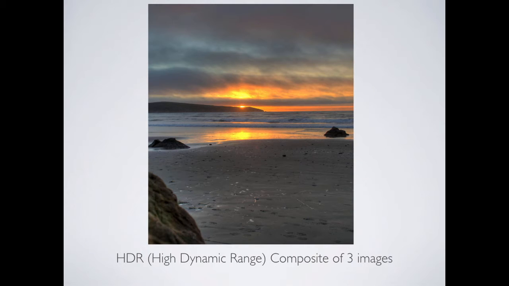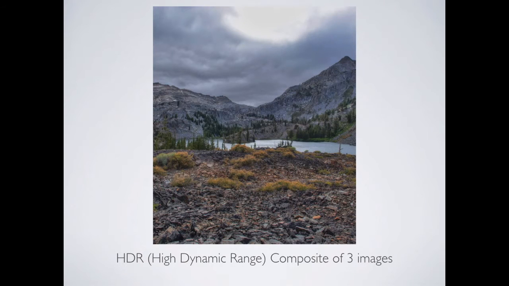So we see the world in high dynamic range. Cameras don't. They see it in low dynamic range. Just one exposure, that's what we get. So high dynamic range is a fusion of those 3 images to get more like what we see in real life. Again, I'll talk at length about this in a couple of lectures. Another example here.